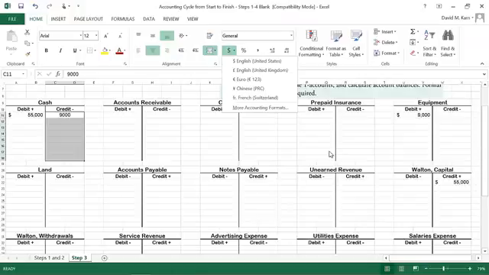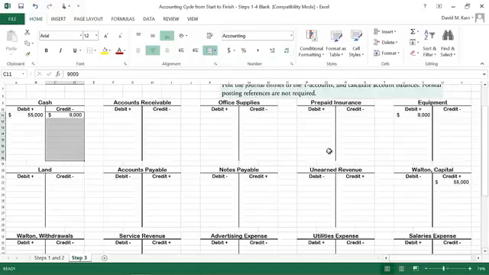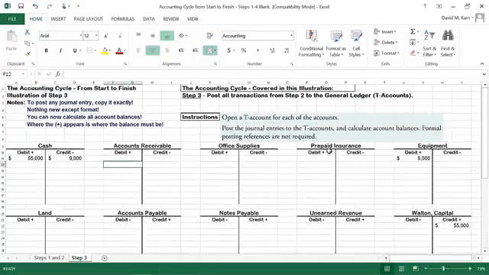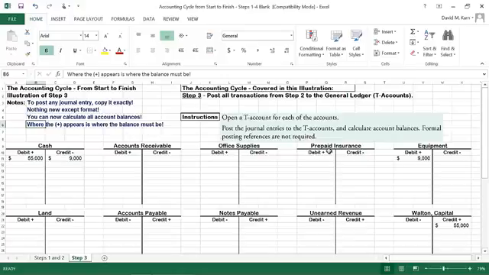Now, here's what we have to remember. What do we always say the golden rule is? Wherever the plus sign appears is where the balance must be. So remember, we're going to debit cash a bunch of times. We're also going to credit cash a bunch of times.